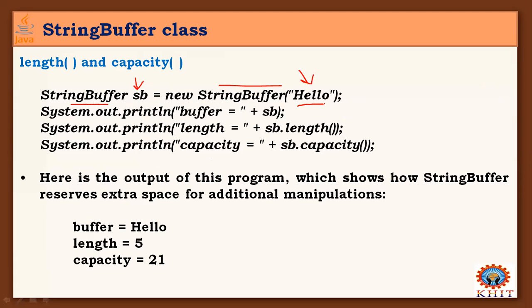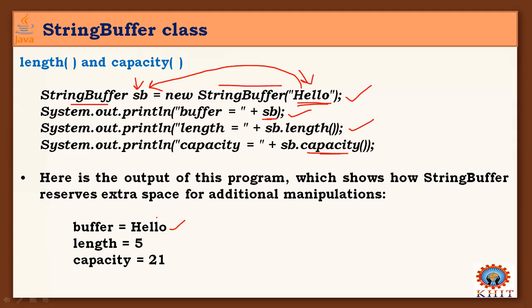So this string value "hello" is loaded into this StringBuffer, plus 16 more added, right? The same way, here the buffer of this object contains hello, and you can find the length, how much length the sb object contains with character count, and you can calculate the capacity here.